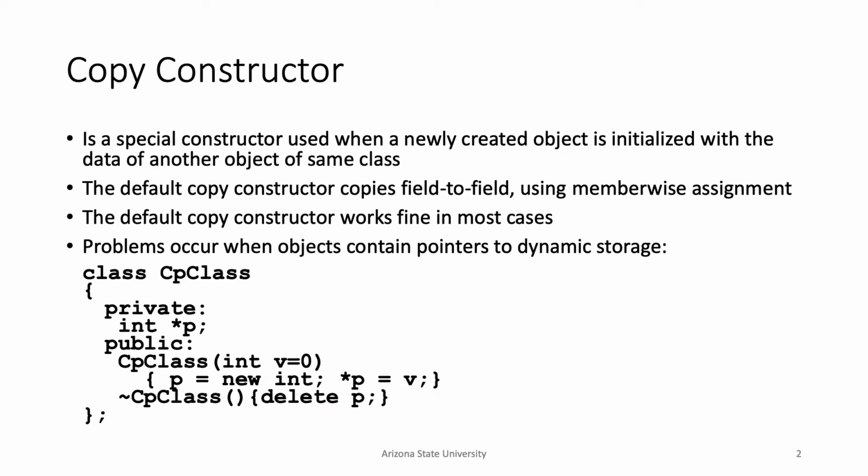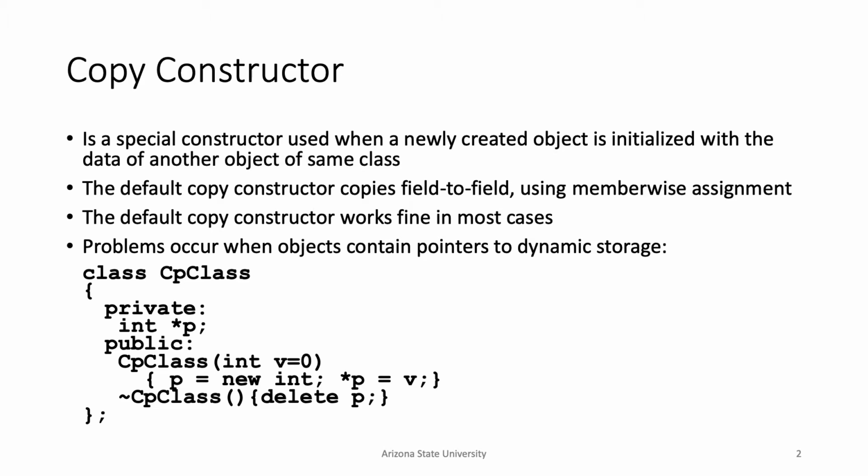So we've been talking about normal constructors. There are different types of constructors. A copy constructor is a special type of constructor which takes exactly one argument of the same type. So if I want to create a string from another string, that is a copy constructor.